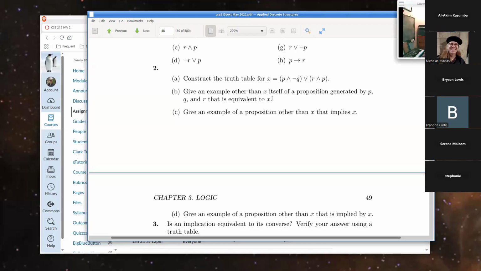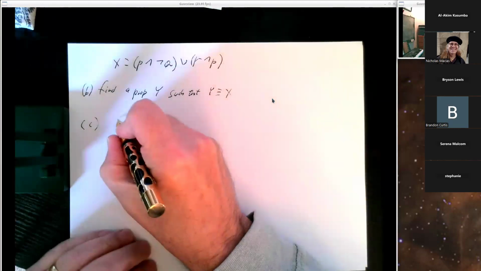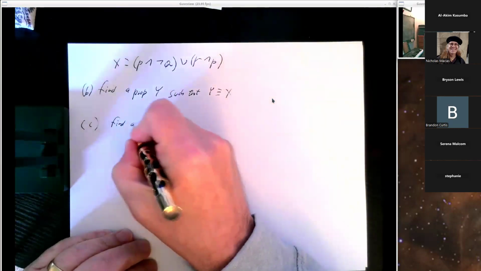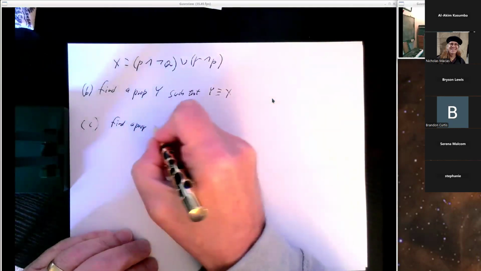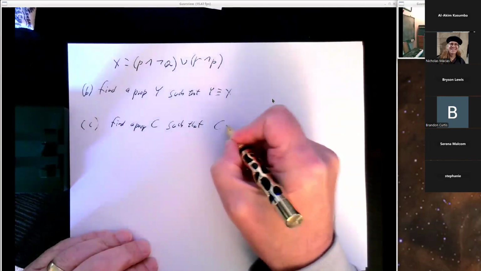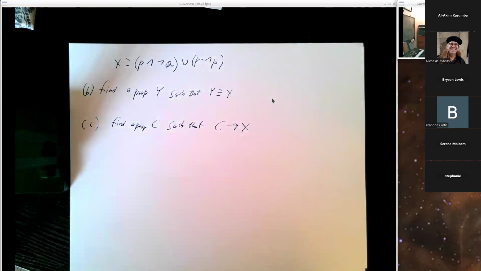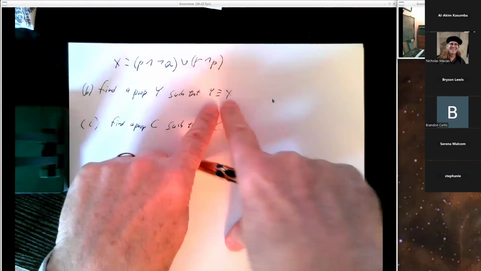All right, part C says, give an example of a proposition that implies X. All right, so what does that mean? Find a proposition C such that C implies X. And implication is not the same as logical equivalence.